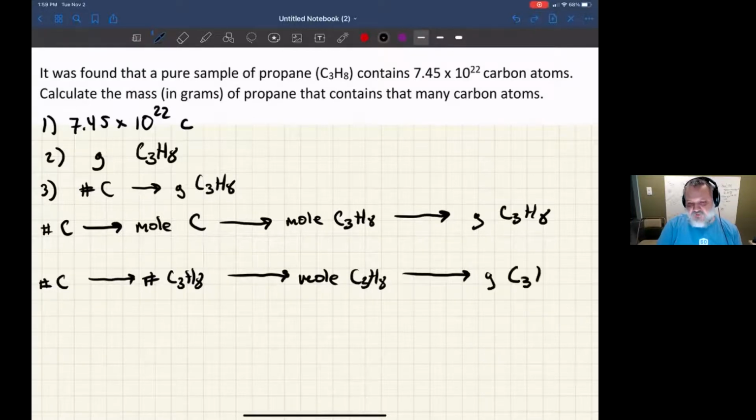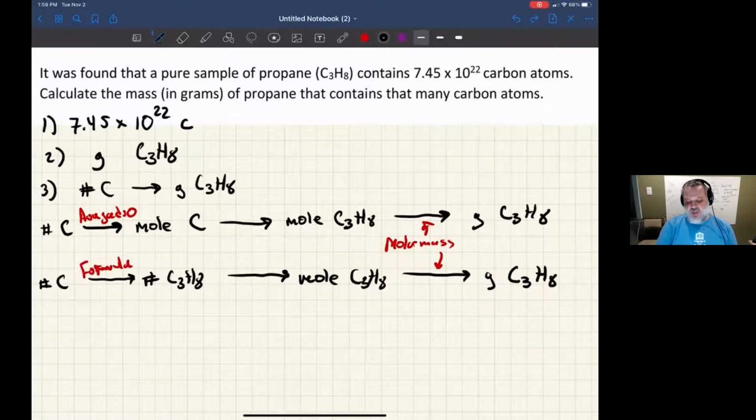Once I know the number of moles of C3H8, then I can convert to the mass of C3H8. Now, this last step in both cases is done with the molar mass of C3H8. In the first plan, I start with Avogadro's number. In the second plan, I start with the formula. And then it's just switched, so that in the second plan, I use Avogadro's number next, and then I use the formula second in the first plan.